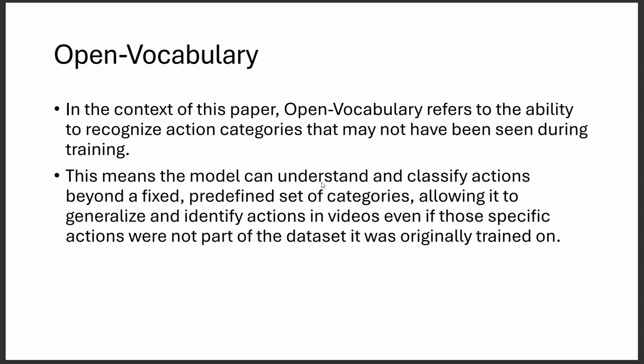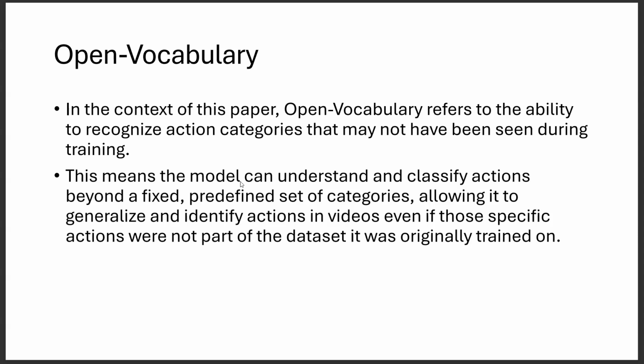So what is open vocabulary? In the context of this paper, open vocabulary means the ability to recognize action categories that may not have been seen during training. In training, the classes are available, but they might not be available in the testing phase.